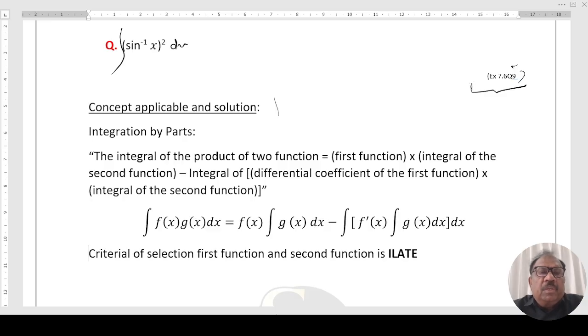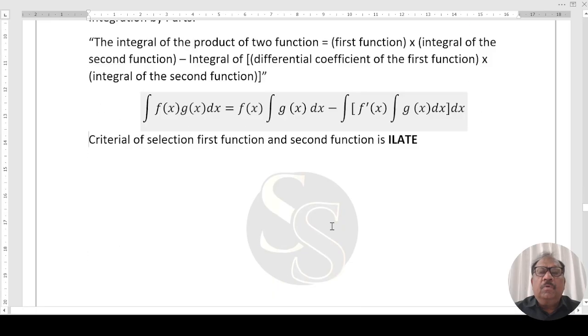In this case, 1 function is given to you. Its integration directly of sine inverse x is not known. Then you have to use the concept of integration by parts. But for integration by parts, we need 2 functions. So one is to be taken as second function and another function, and that is to be considered algebraic.